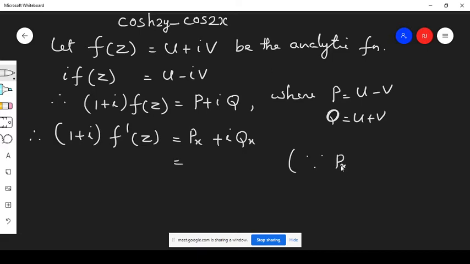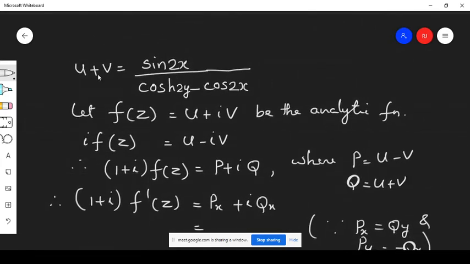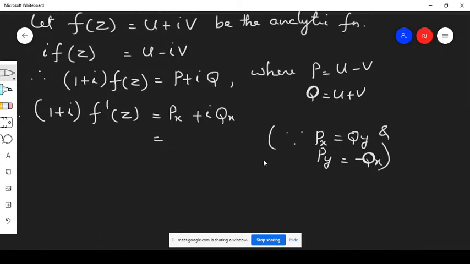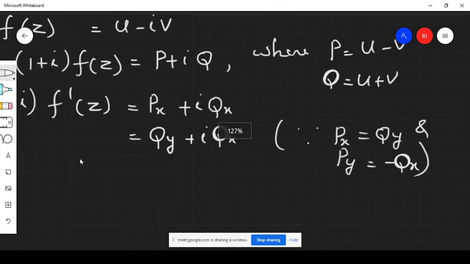Since px is equal to qy and py is equal to minus qx, we are using the CR equations. So px equals qy. Here q is given, so you will replace this px by qy. So qy + iqx.